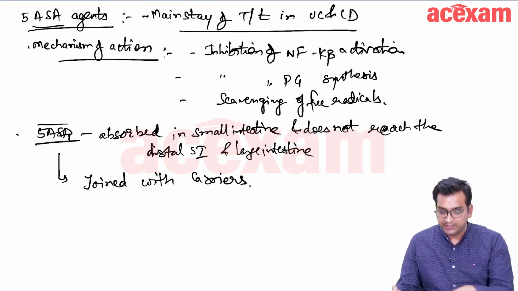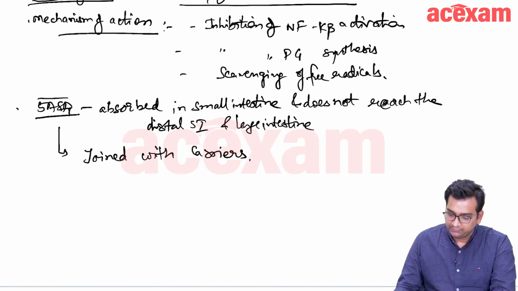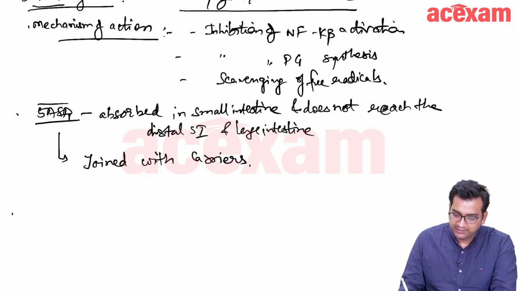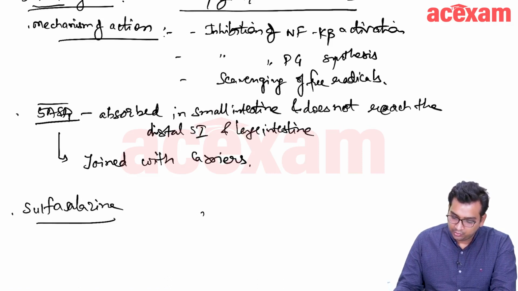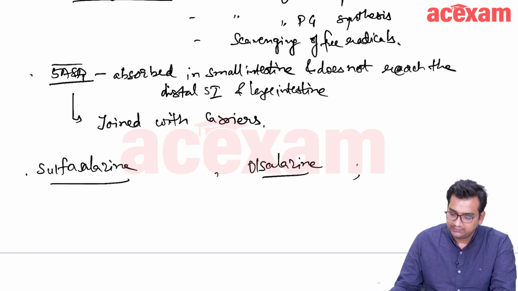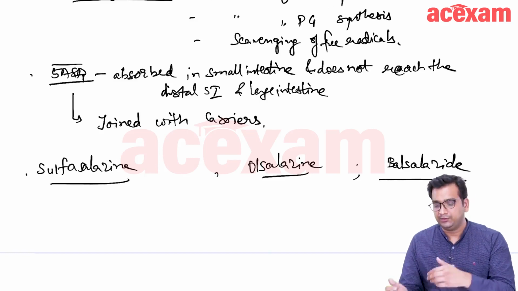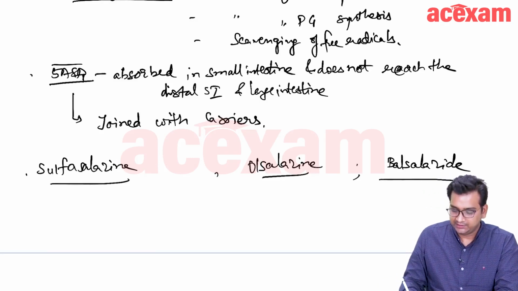Now I have told you the names of three drugs. First is sulfasalazine. Second is olsalazine. And third is balsalazide. Now you have to remember this: sulfasalazine is 5-ASA plus sulfapyridine.